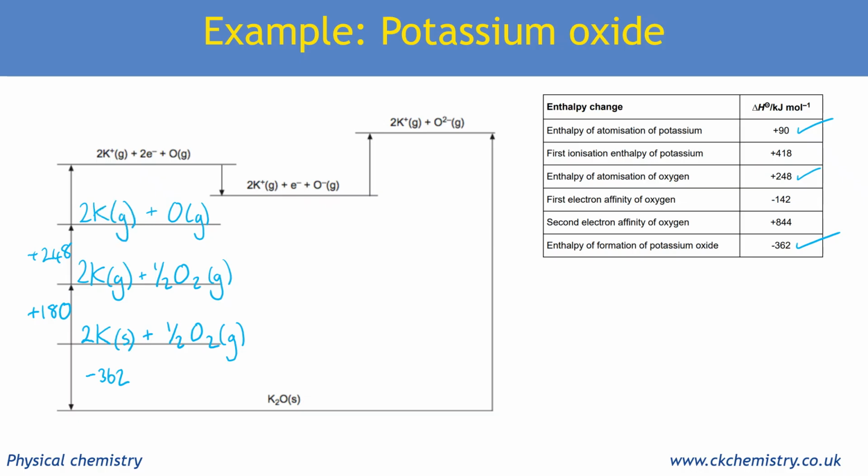Then I'm going to ionize my potassium. I need first ionization energy, which is 418, but I need 2 lots. So just like with the chlorine or the bromine, where I had 2 lots of electron affinity, here I've just got 2 lots of first ionization energy. And then this is the second place where it's different.